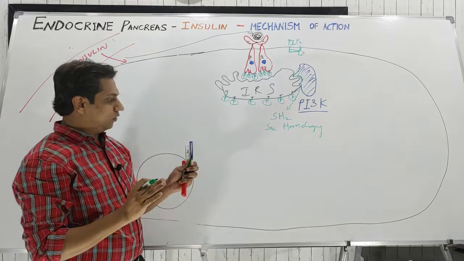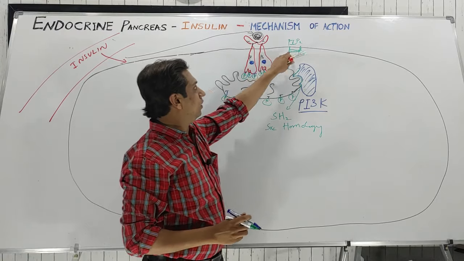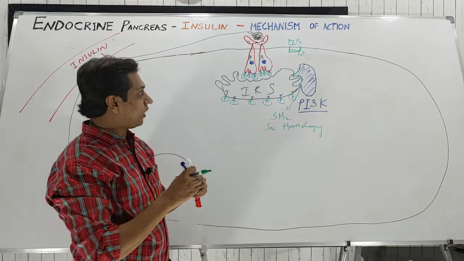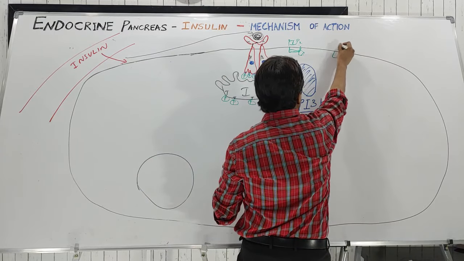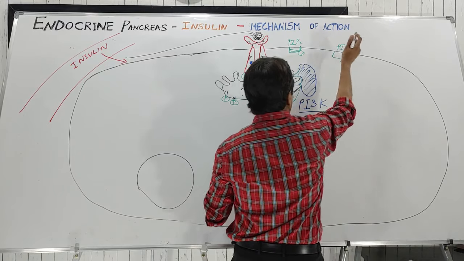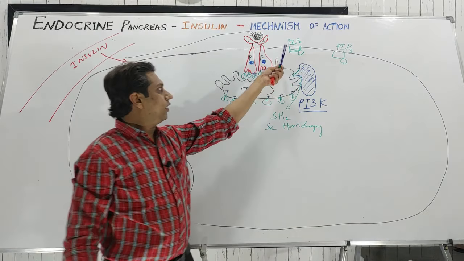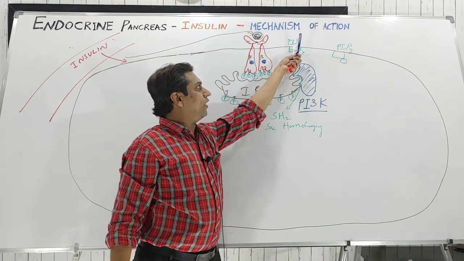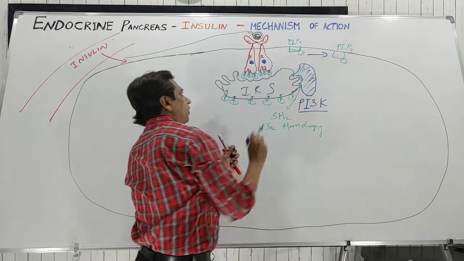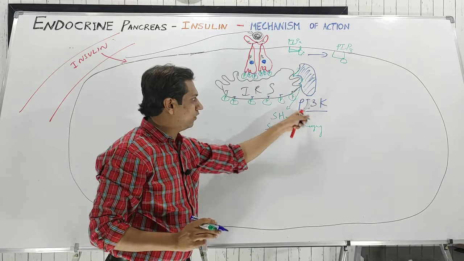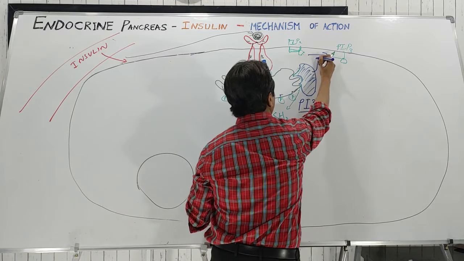This is a normal lipid on the cell membrane, and it gets converted into phosphatidyl inositol trisphosphate, or triphosphate. So normally in the lipid layer, phosphatidyl inositol diphosphate gets converted into phosphatidyl inositol triphosphate with the help of this enzyme, which is known as phosphatidyl inositol 3 kinase.